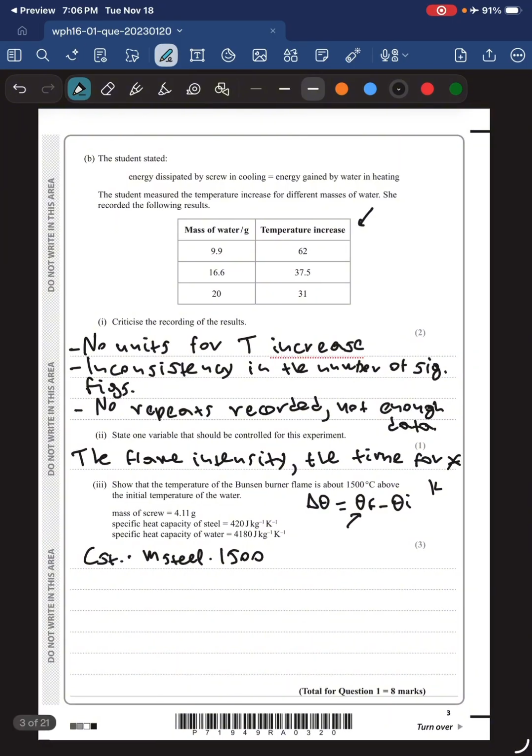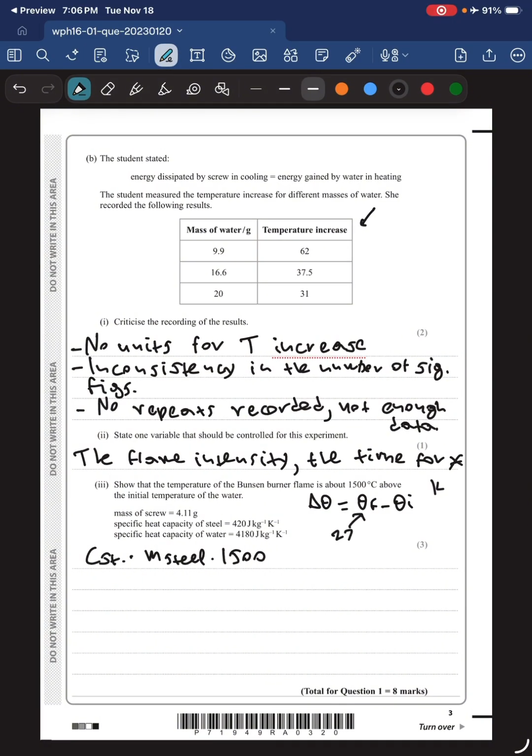If you convert this to Kelvin, you add 273, and if you convert this one to Kelvin, you also add 273, so 273 minus 273 cancels. Therefore, it's okay to use Celsius. That's the reason.